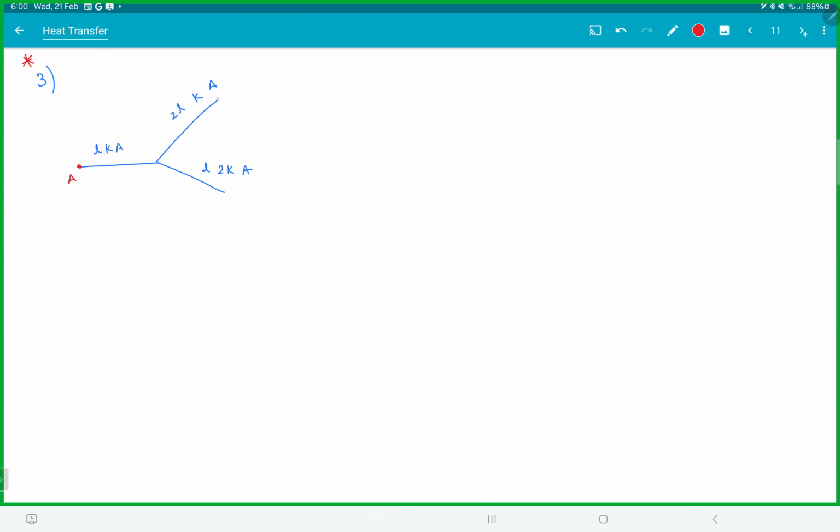This point is A, this point is B, this point is C, and this point is D. So temperature at A is 3T naught. Temperature at B is 2T naught. Temperature at C is T naught. TD, I don't know. So find TD and heat flow in each rod.